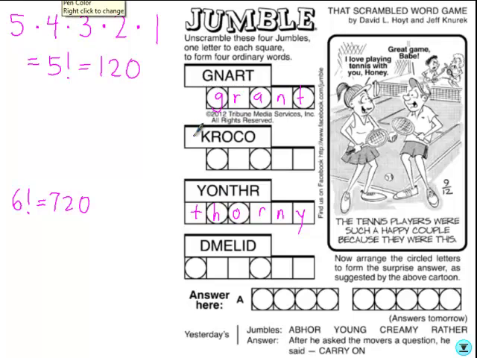What about this word right here? You might be tempted to say, well, it has 5 letters, so it's going to be 5 factorial, which is 120. But I want to point out to you that if you can't tell the difference between the O's, the one that's given to you, Croco, looks the same as this. Can you not tell that I switched the O's?